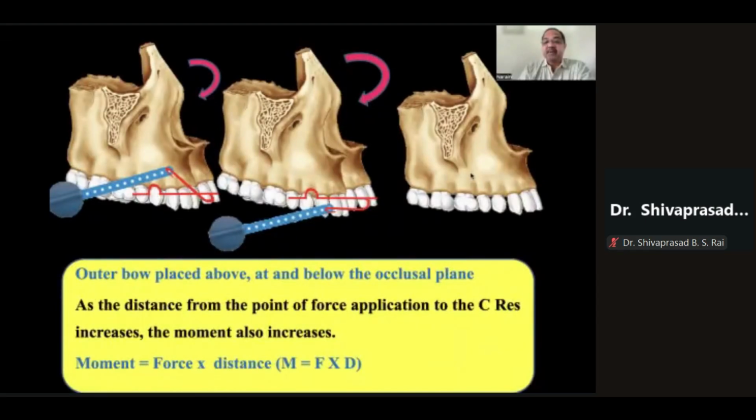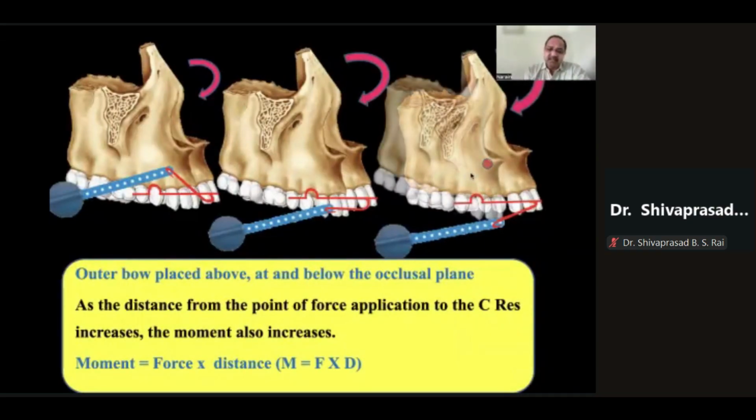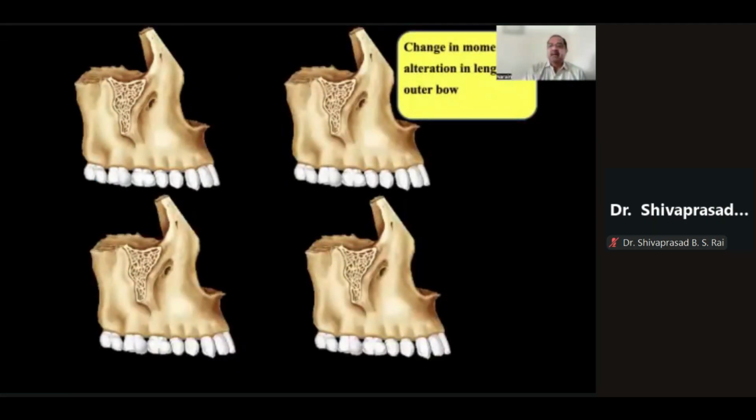If I place it below the occlusal plane, the moment will get still larger. So you get the same type of movement of the maxilla, but the moment generated is much more. If you want more effective treatment, you need to increase the moment, like in these situations. Now, changes in moment with the alteration in the level of the outer bow.